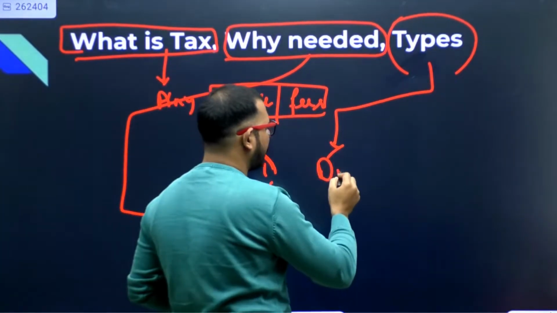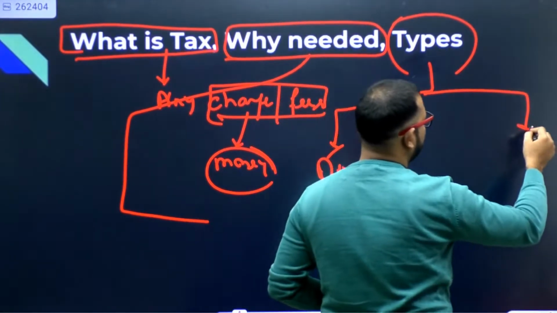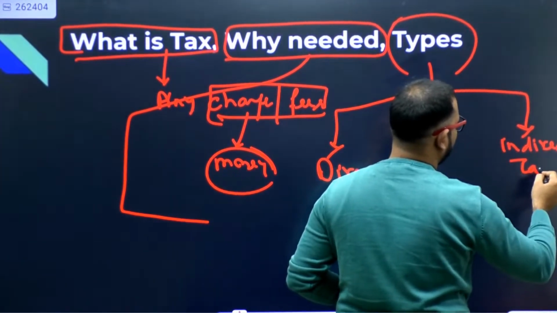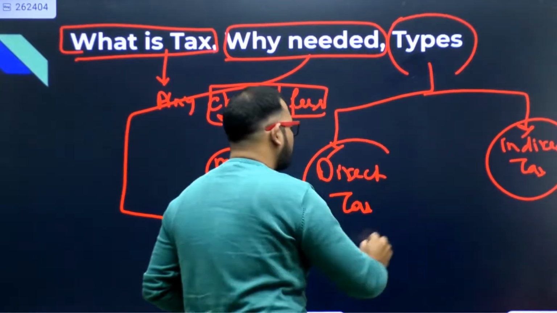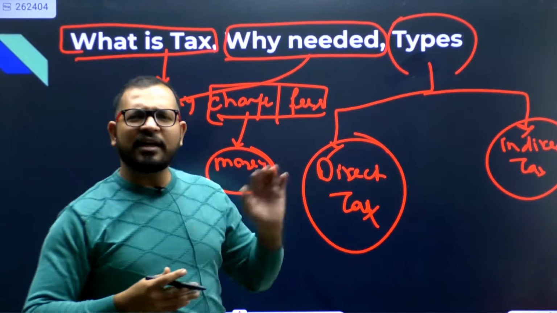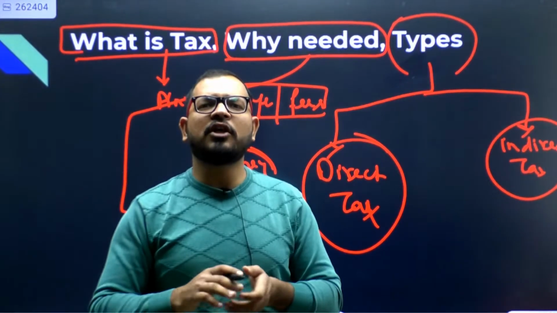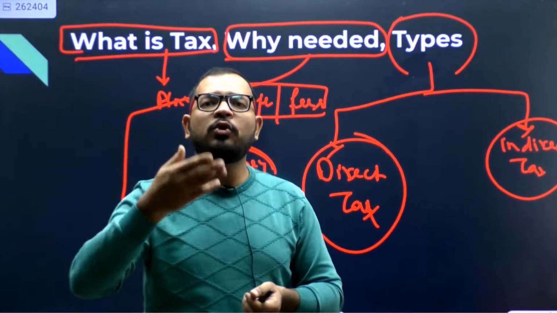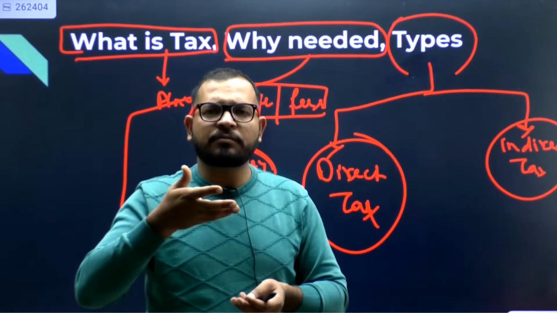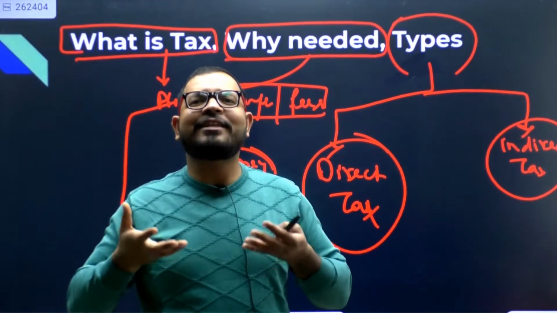One is direct tax, and the second is indirect tax. How can we categorize them? Basically based on incidence and impact. Incidence is basically who is paying. Impact is who is taking that burden.